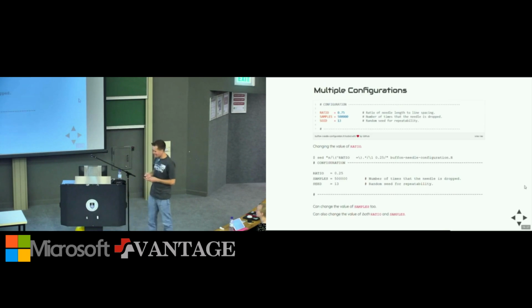So I have a script for that, and at the top of that script are some configuration options, the most important of which is the ratio, which is the ratio of the length of the needle to the separation of these colored strips. And by using that same bit of shell magic, I can substitute a ratio of 0.75 for a ratio of 0.25, right?